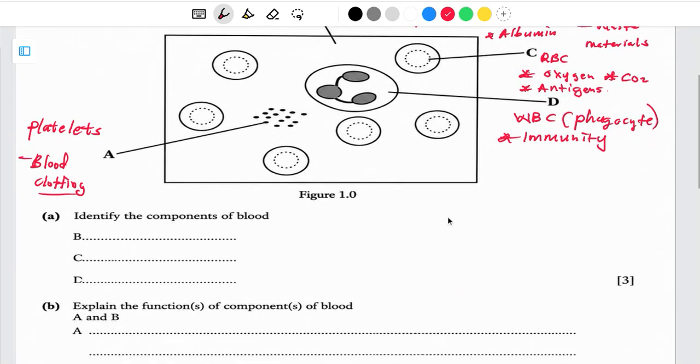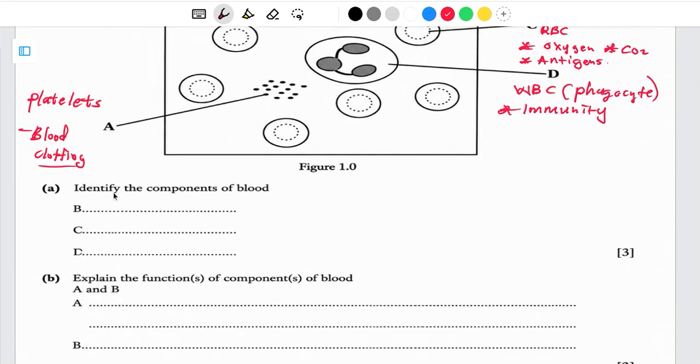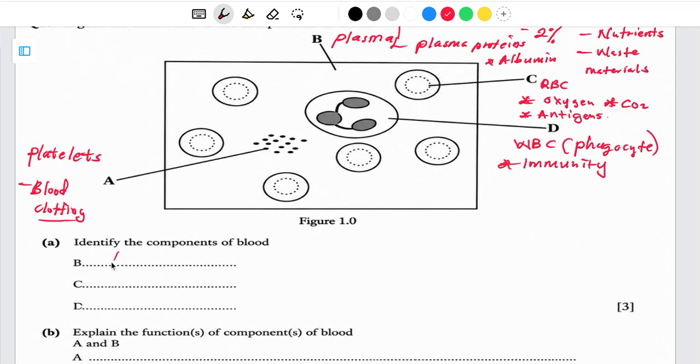So question A is asking us to identify the components of blood B, C, and D. For B, we know that one is plasma. Then C is representing the red blood cell, so we have to write it in full: red blood cell.